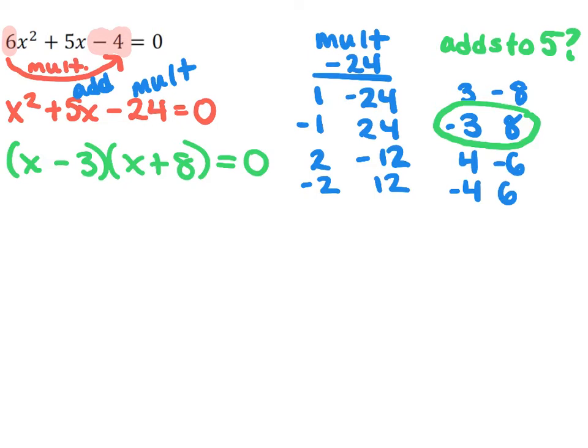Now the next thing you need to do is divide by the original value of a for both of the factors. In this case, the value of a is whatever that first number is. So the value of a in this example is 6. So I'm going to divide the negative 3 and the 8 by 6.